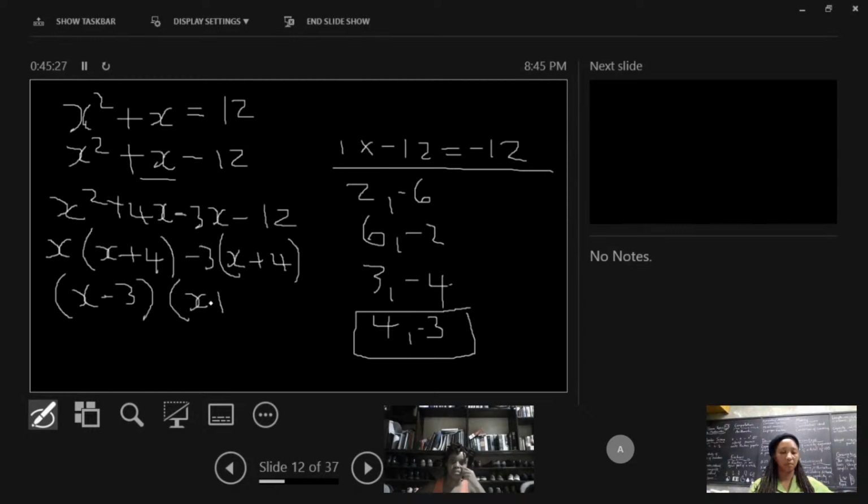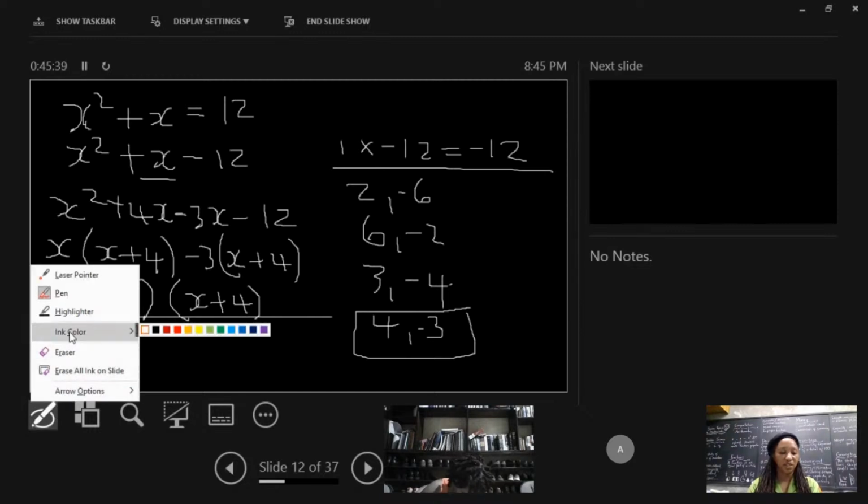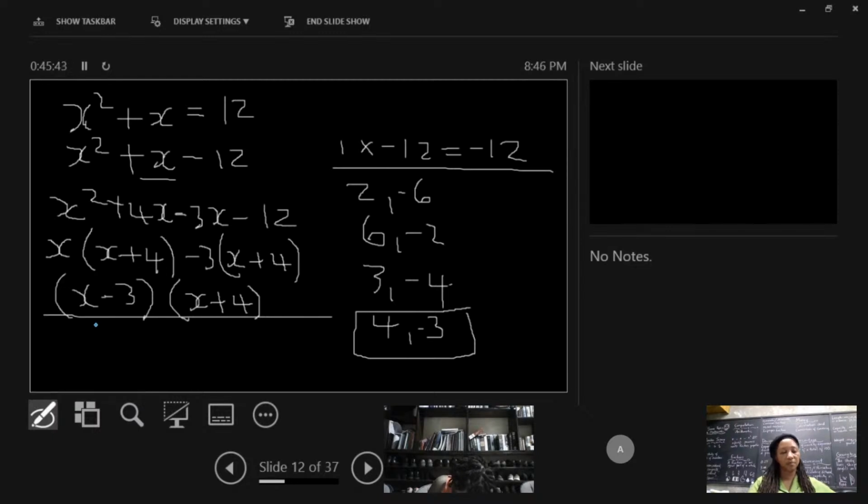And now we can put it back. We can try to get it back to our original state. So this is the answer. These are the factors. So what we're doing now is just to check, right? Yes, Miss. Okay. So x times x is x squared, and x times 4 is positive 4x.